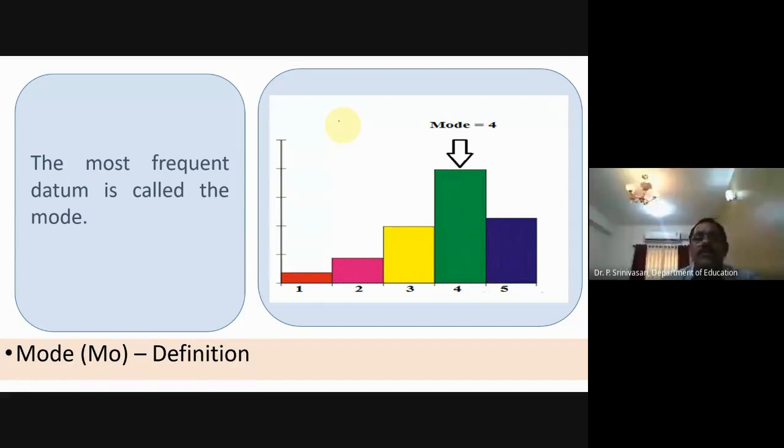Therefore, 4 is the mode. That's all. So simple, just see the data. Physically, you have to see and then tell.